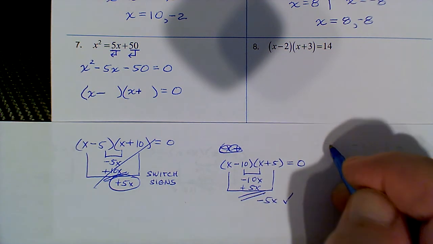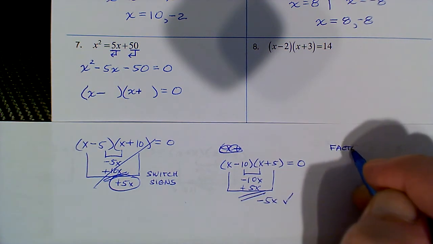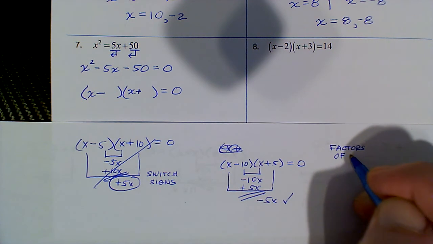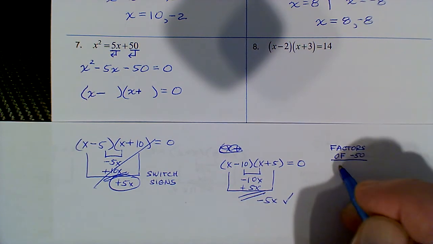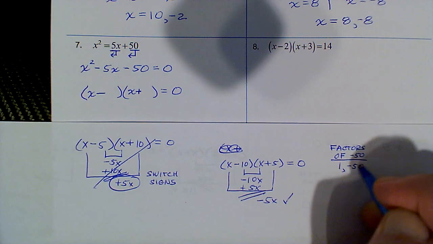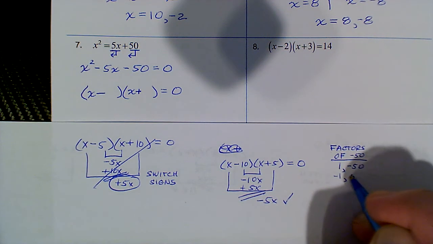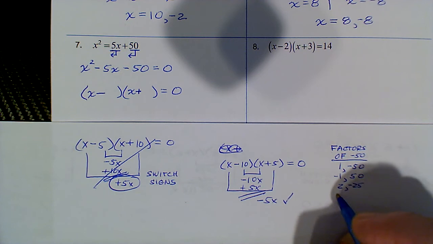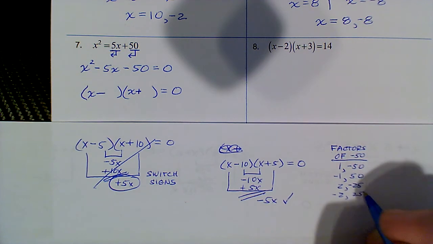Similarly, you could list the factors. So just one more time showing you this concept. The factors of negative 50. Here there's a bunch of them. 1 negative 50, doubtful. Negative 1, 50. 2, 25. 2, negative 25. Negative 2, 25.